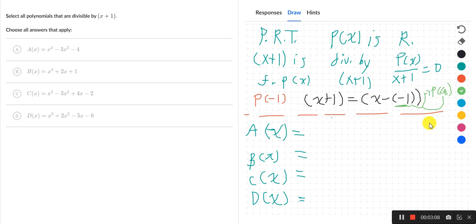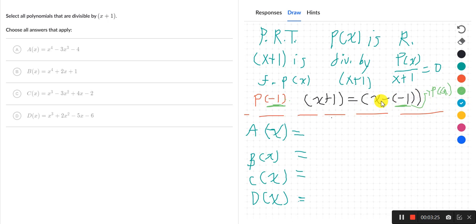Remember that we did that yesterday. So in that case, we're just going to take this here and substitute it into each one of our polynomials.